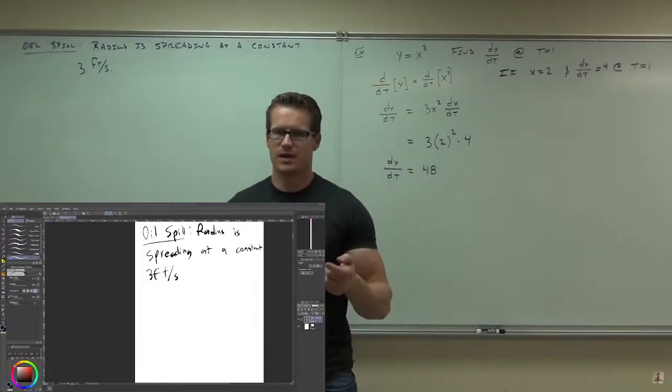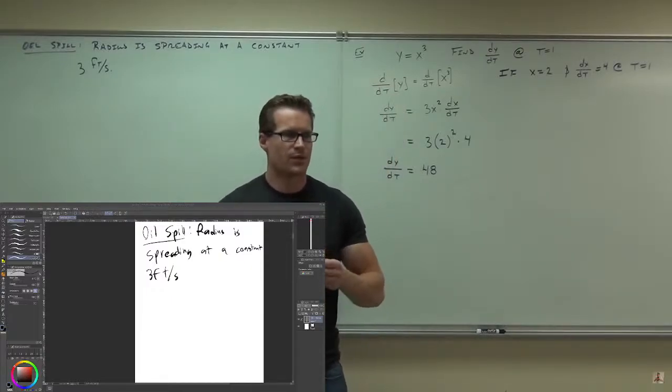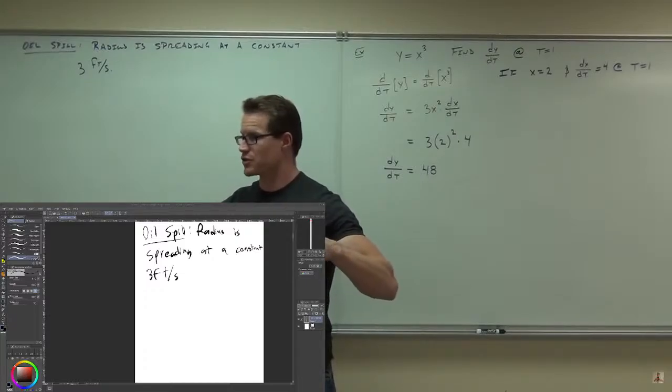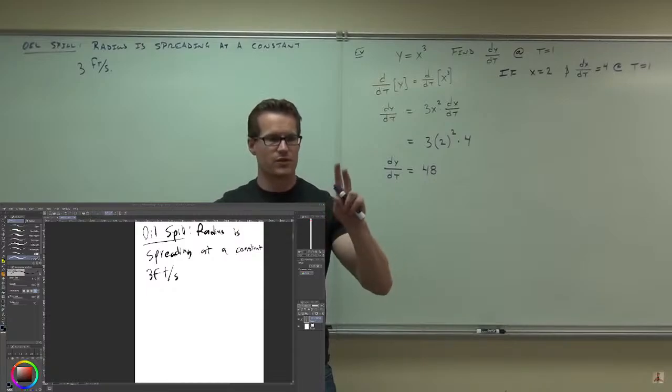This is one of two cases because naturally, if you think about an oil spill, the radius should actually slow down, right? Because that area is getting massive after a certain amount of time. So the radius should actually slow down spreading. So one of two things is happening.